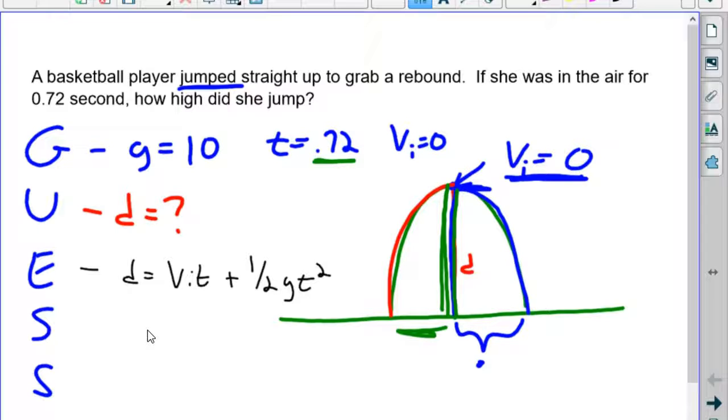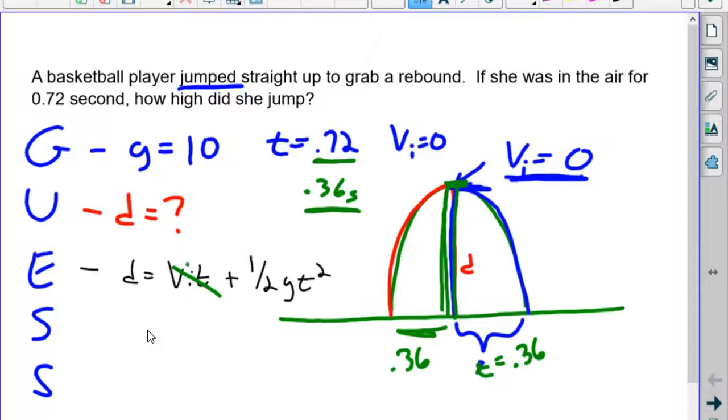I only care about half of that. So the t over here is going to be half of that, which is 0.36, because it took 0.36 seconds for her to jump up to this level and then 0.36 seconds for her to fall from that level. And so when I plug in, I'm going to plug in not 0.72, but 0.36.